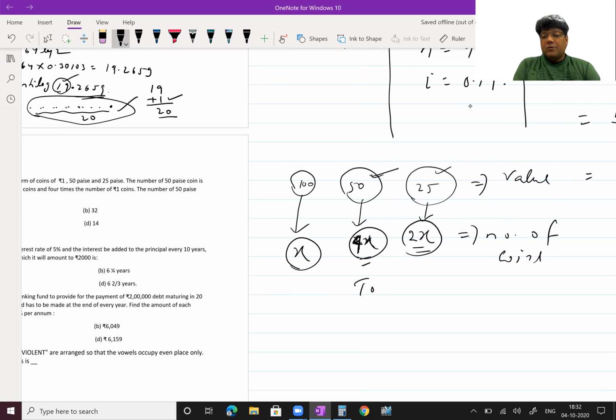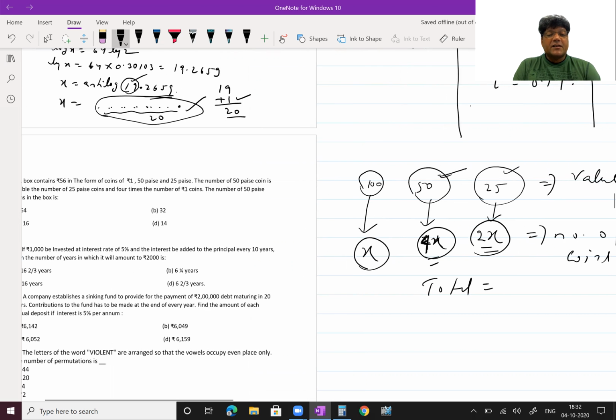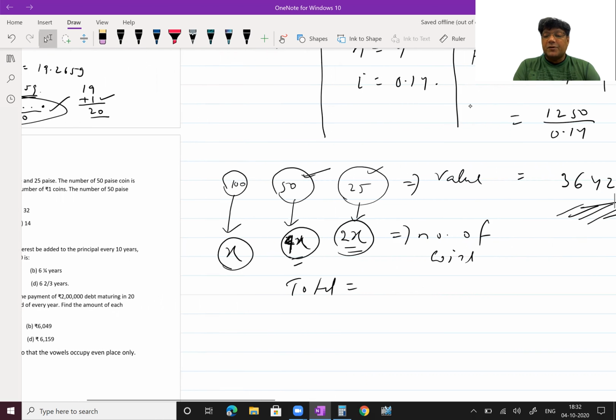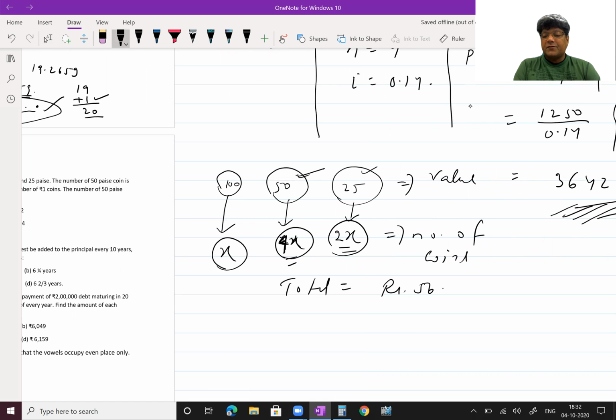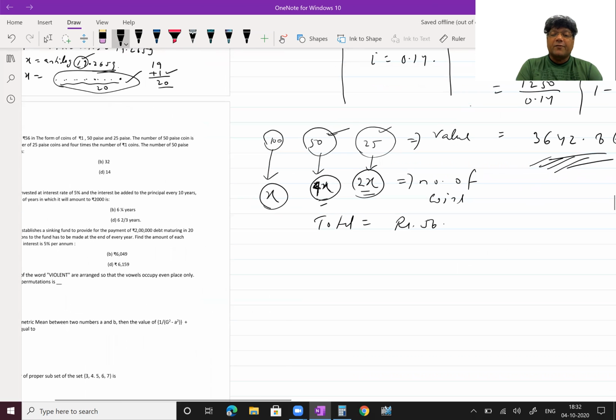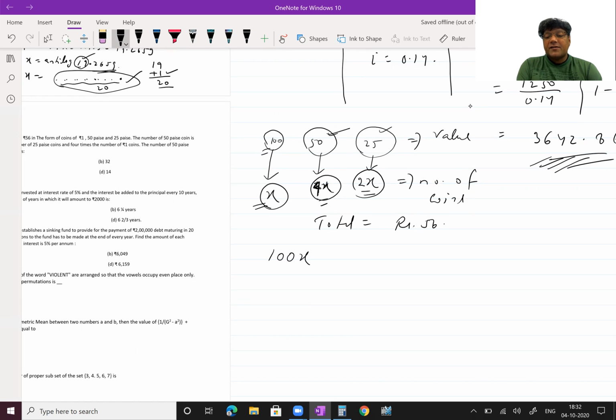Total value: the question has said how much? 56 rupees. Now the question is over. X coins of 100 paise together will be 100 into x, plus 4x coins, each 50 paise, will be 4x into 50, plus 2x coins, each 25 paise, will be 2x into 25.